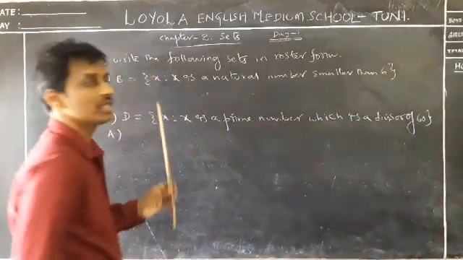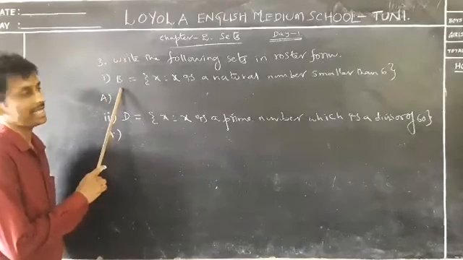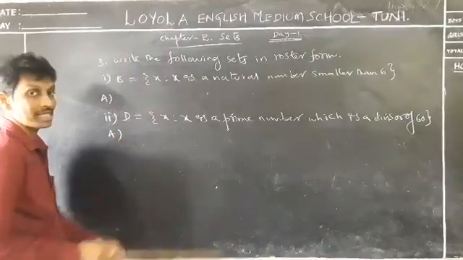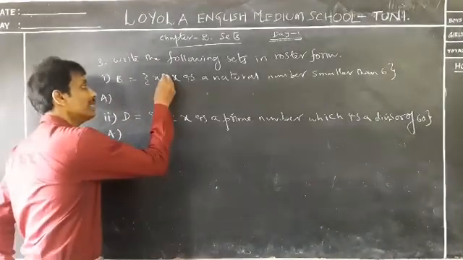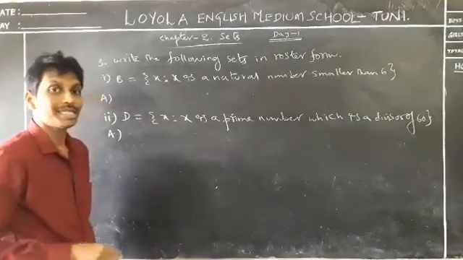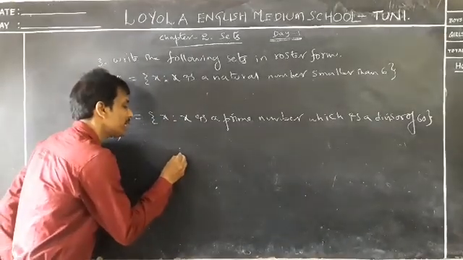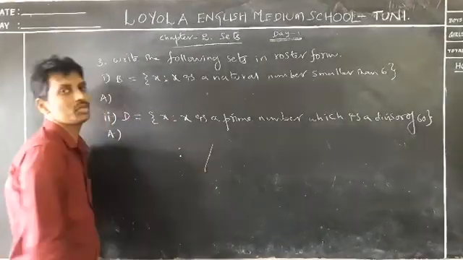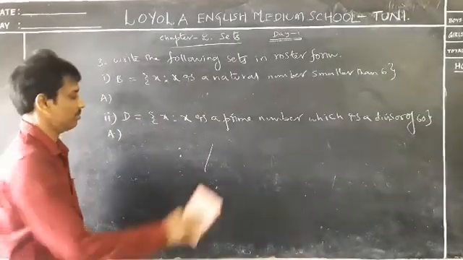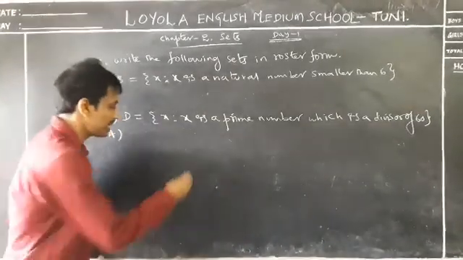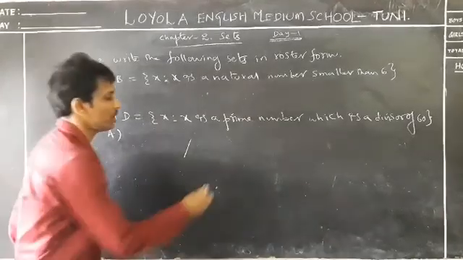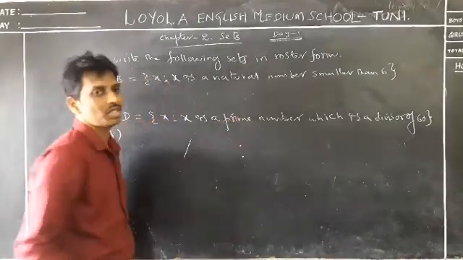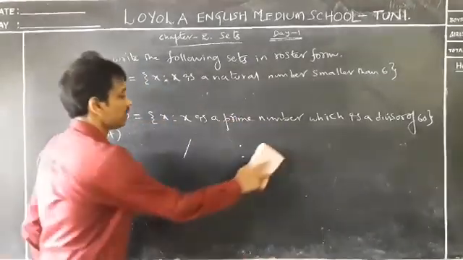Here you see the first example is B is a set X such that X. Previously I told you this is the symbol for such that. Sometimes we may write it like this, or sometimes like this. Your wish. If this symbol is convenient for you, you may use this. Both are the same only.